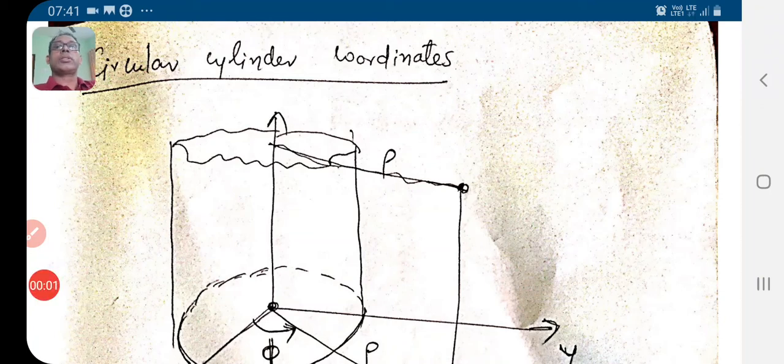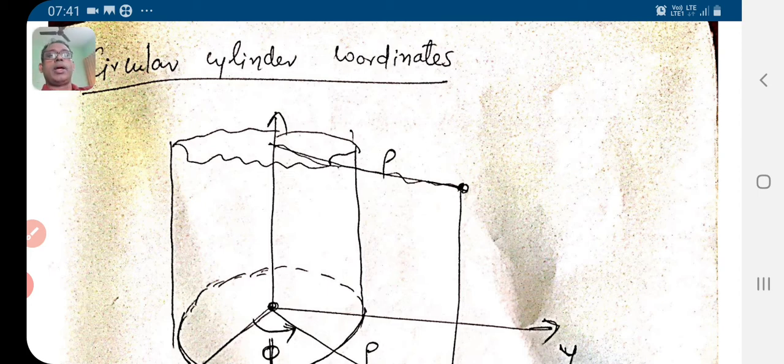Hi, in the last few classes, we were discussing orthogonal curvilinear coordinate systems. We obtained the general expressions for finding the gradient, divergence and curl in the orthogonal curvilinear coordinate system.